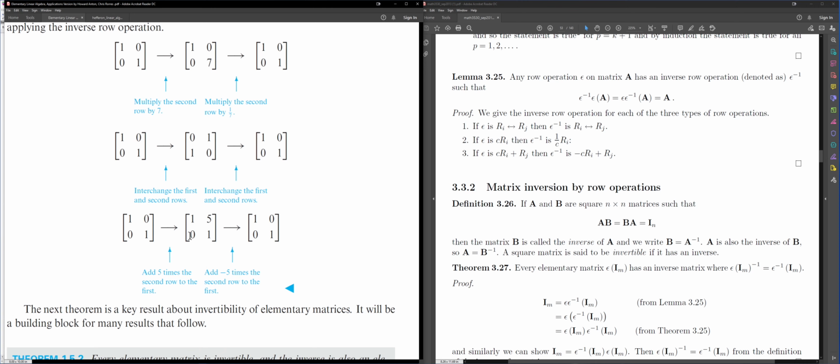So if I have minus 5 times row 2 and I add it to row 1, I'd get a minus 5 over here, plus this 5 would give me 0, and I'd get back the original matrix. And that's an example of part 3 over here. If the row operation is 5 row 2 plus row 1, then the inverse row operation is minus 5 row 2 plus row 1.